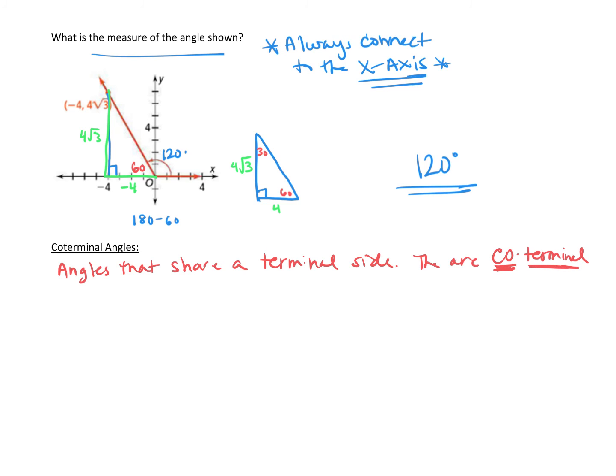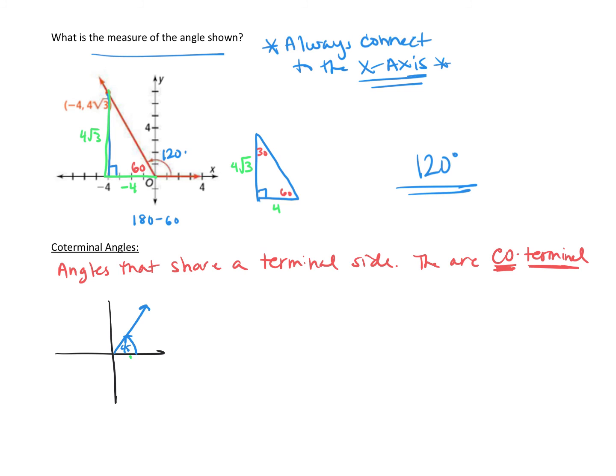So what that looks like, let me just show you a quick picture. Let's say that I have a positive angle measure of, maybe 45 degrees. That's a 45-degree angle. So a coterminal angle would be any other angle that lands in that same spot. Well, what if I drew a negative angle?